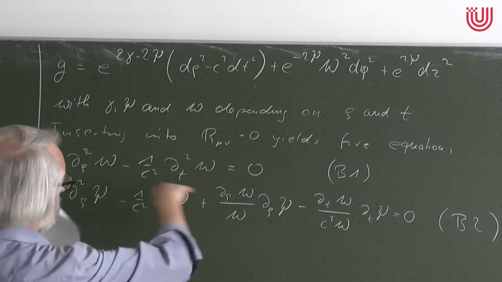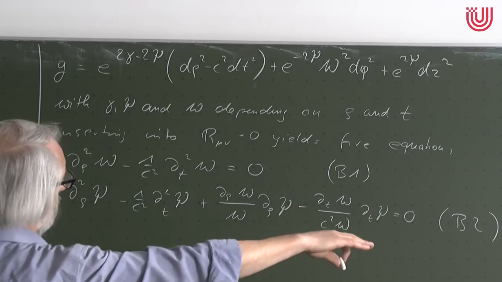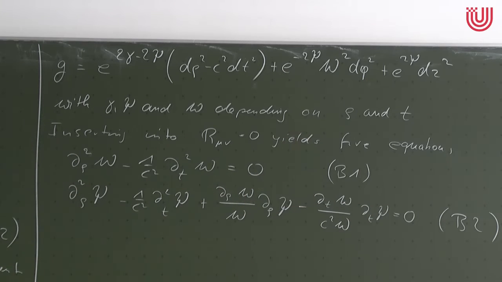So you write down the zz component and the phi component, and you combine these two equations in a new way. Then you get these two equations.